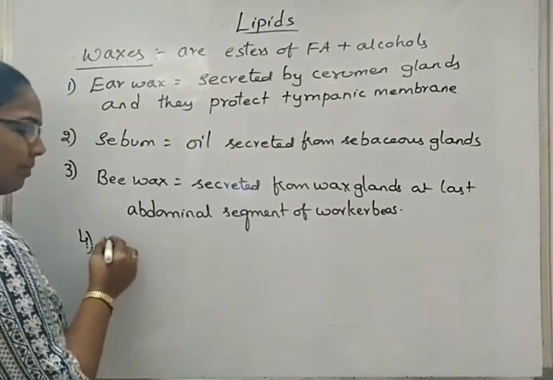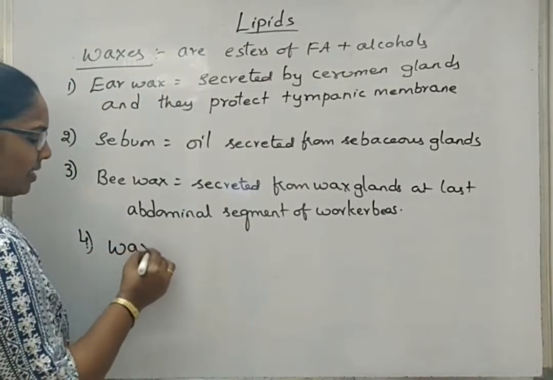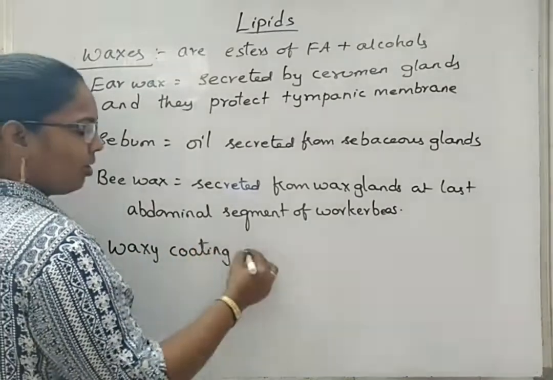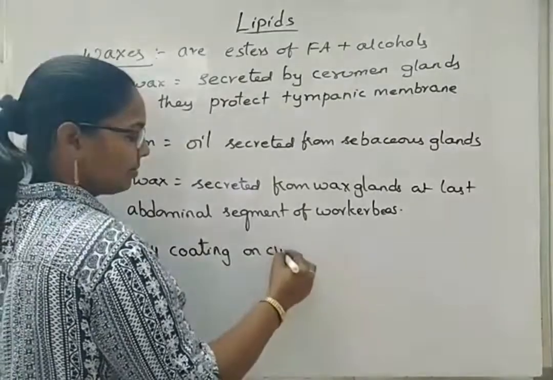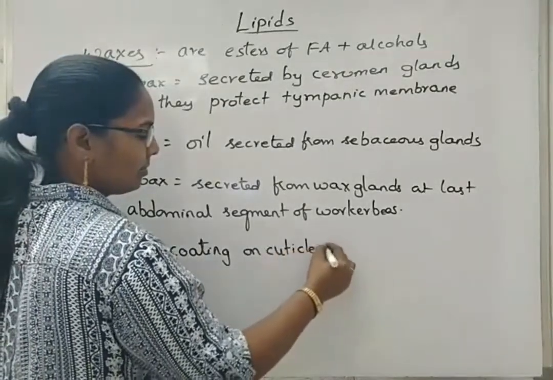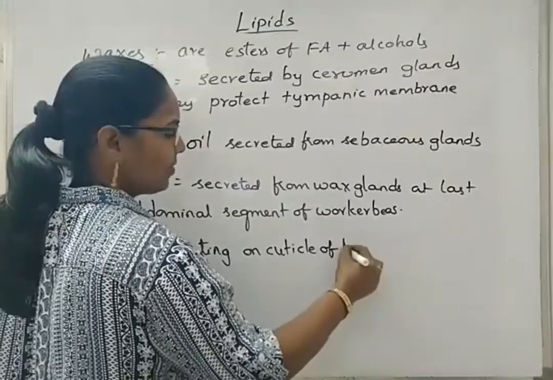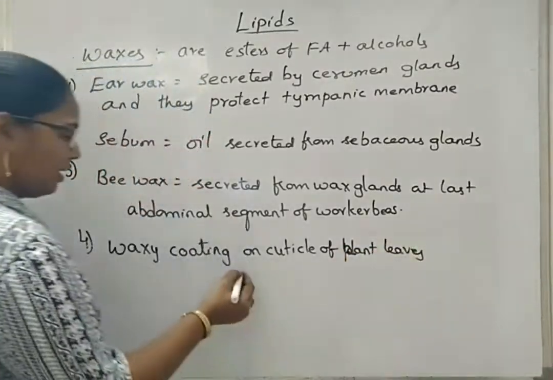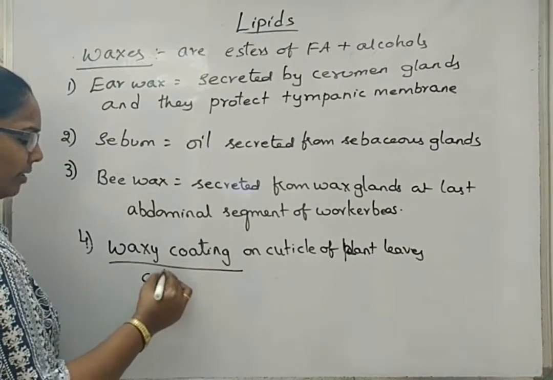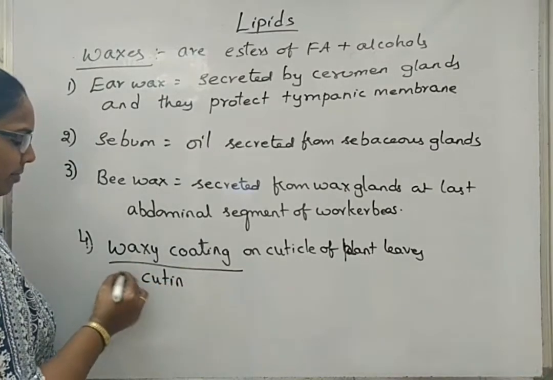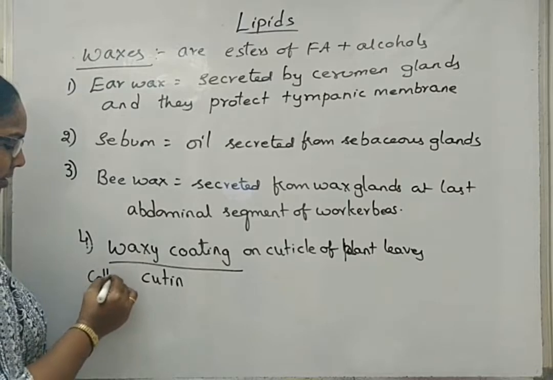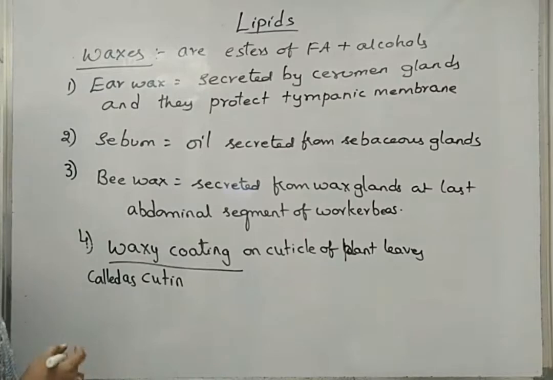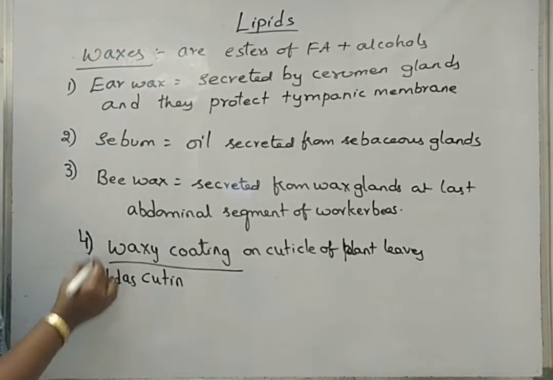There is a waxy coating on the cuticle of plant leaves. This waxy coating is called cutin. We see it in the Victoria plant and also lotus leaves.